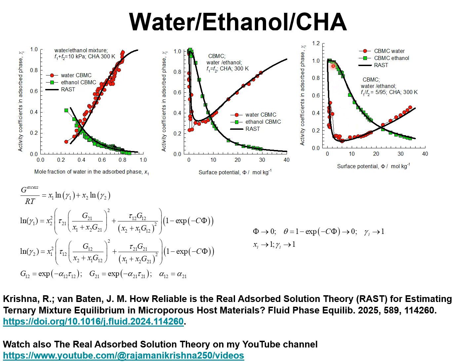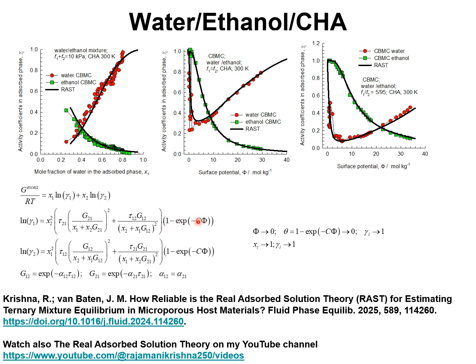In order to satisfy these limiting conditions, we must introduce a correction factor in the NRTL model for the activity coefficients of components 1 and 2. This correction factor is 1 minus exponent of minus C phi.